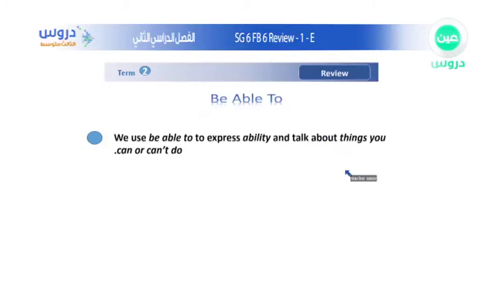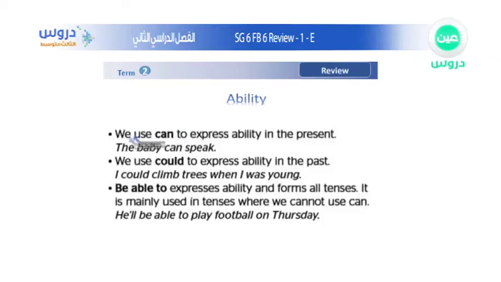Okay. I can play football. I can swim. We use can to express ability in the present. So can is attached to present. The baby can speak.